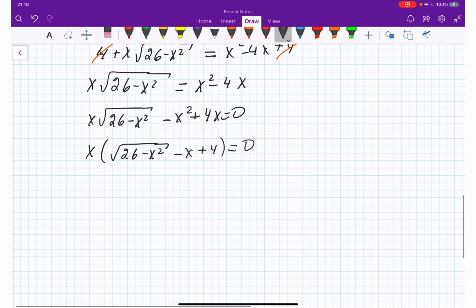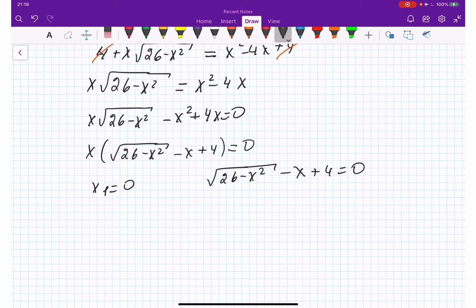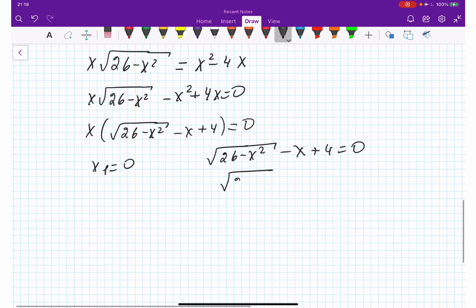All right, so in these cases we have x1 is equal 0, and the second case is going to be square root 26 minus x squared minus x plus 4 equals 0. So from here, square root 26 minus x squared is equal to x minus 4. These two terms I moved to the right side, x minus 4.